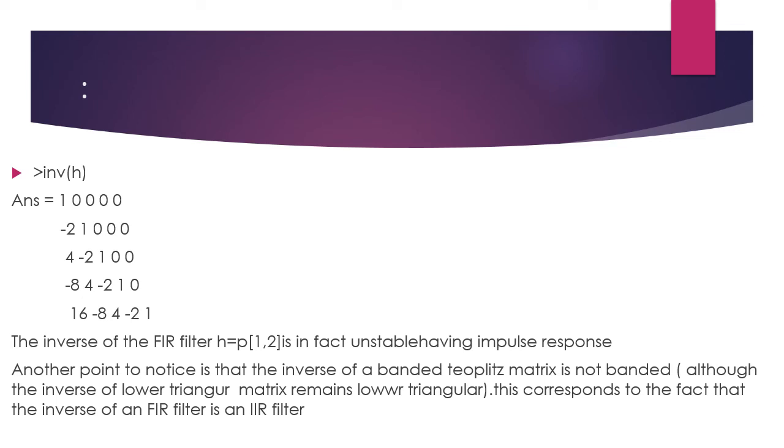Another point of note is that the inverse of a banded Toeplitz matrix is not banded. Although the inverse of a lower triangular matrix remains lower triangular, this corresponds to the fact that the inverse of an FIR filter is an IIR filter.